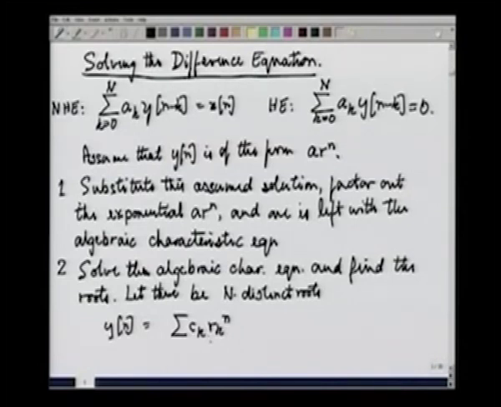This is an exponential. C_k is the arbitrary multiplying constant, and since you have N roots, you have capital N possible values of k. So, k goes from 1 to N. This is the form of the solution that you have.